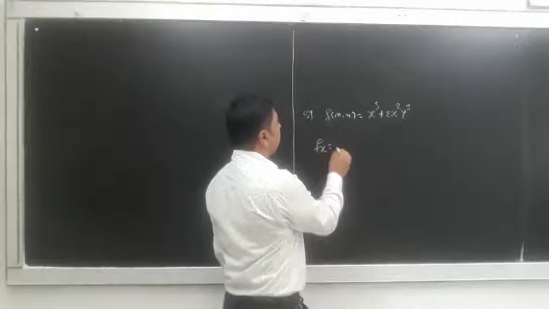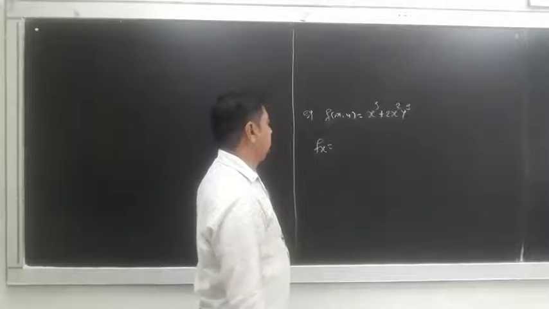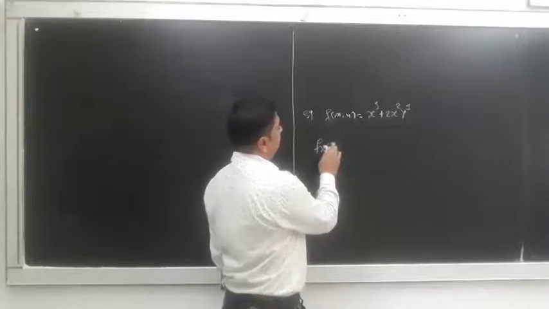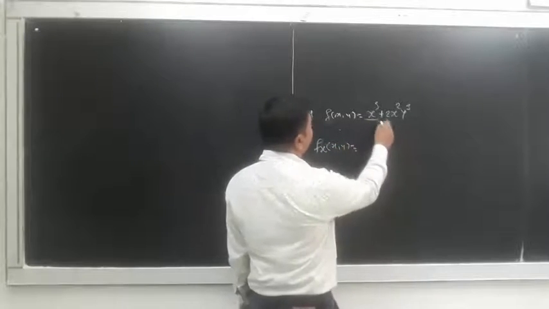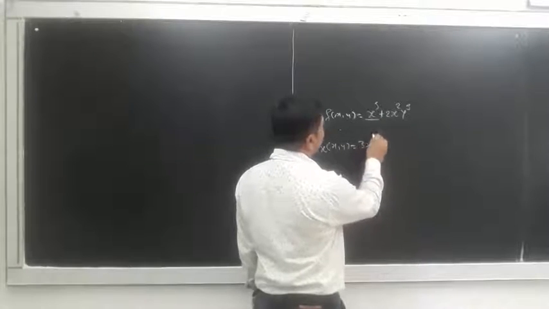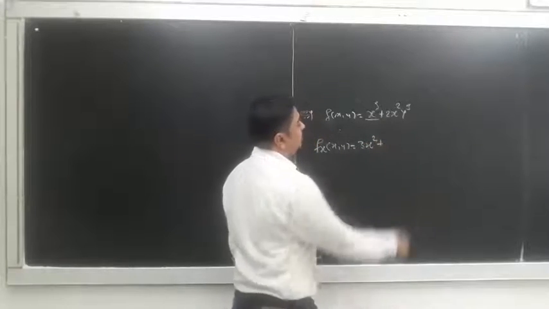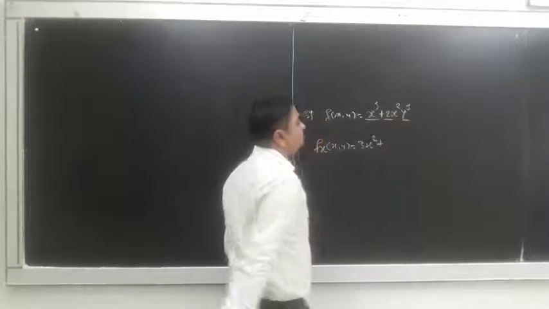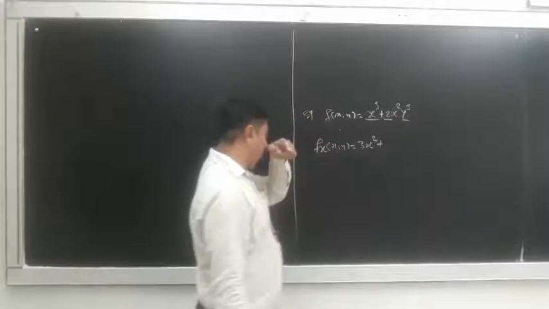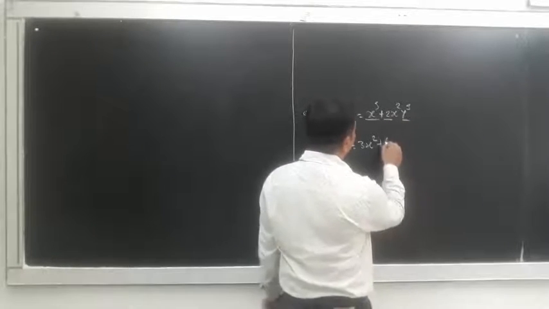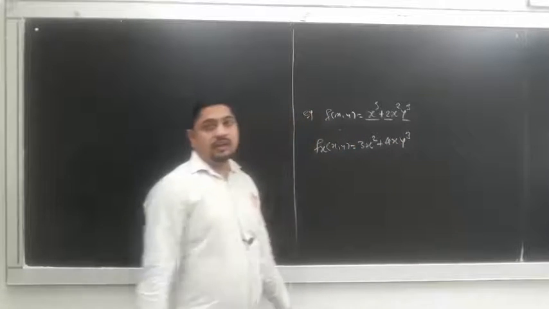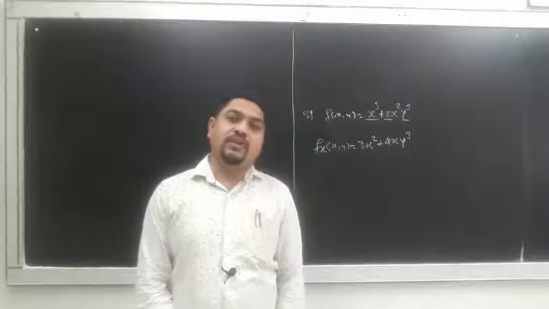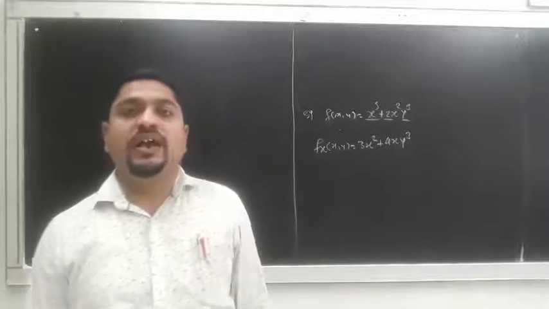Keep y constant. fx of x, y is equal to, x cube derivative is 3x square, plus here y is constant, 2 is constant, so x square derivative is 2x, so 2 twos are 4x y cube. So we are finding fx. Similarly we can find fy.